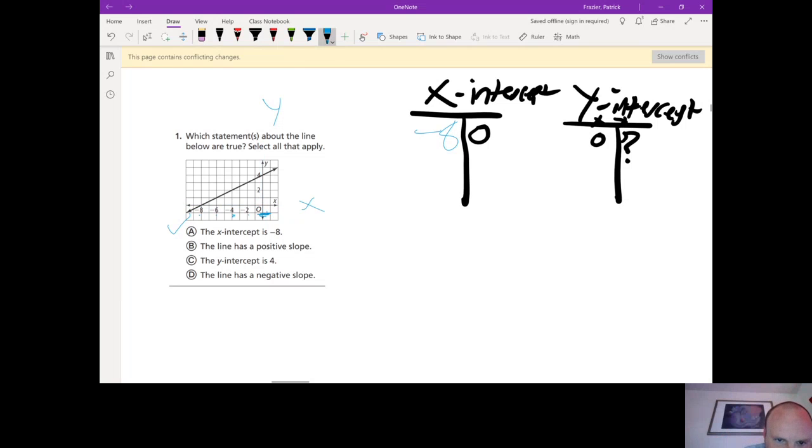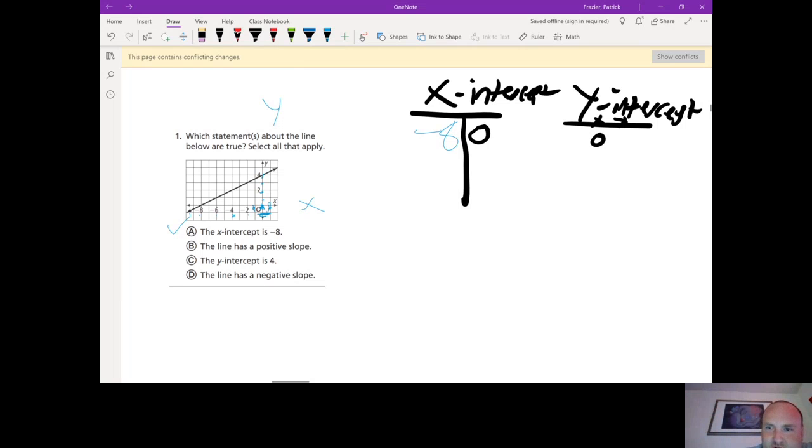This is x here, so that's +1, that's -1, and over here is 0. The line doesn't cross that point, so we go up until we hit the line: 0, 1, 2, 3, 4. So that's the intersection. The y-intercept is 4. Yeah, that's true.